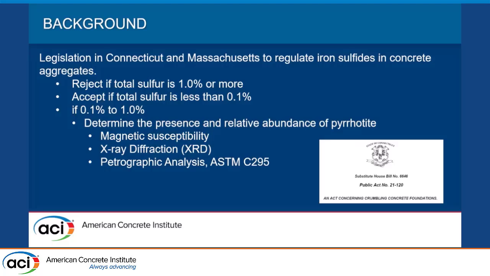The next method is a petrographic analysis. And generally speaking, for petrographic analysis of concrete aggregate, we use a test method, C295. And in that test method, it starts with looking at aggregate particles.